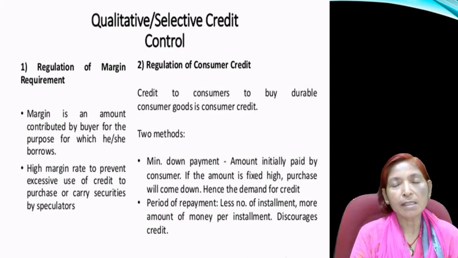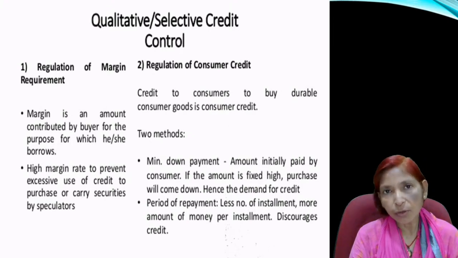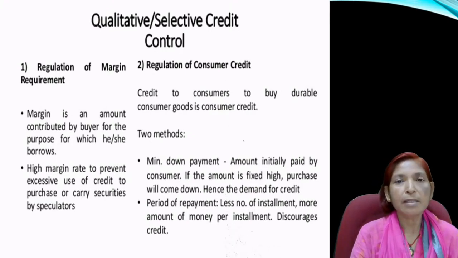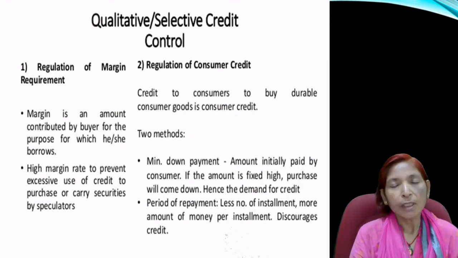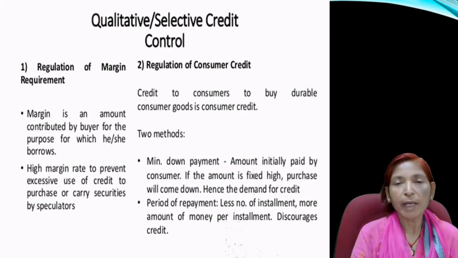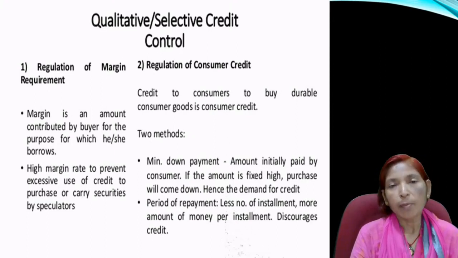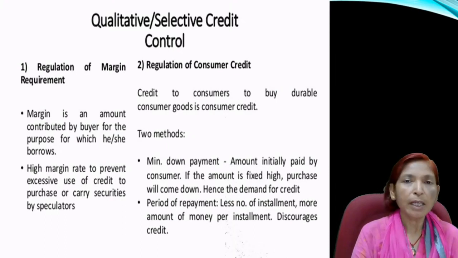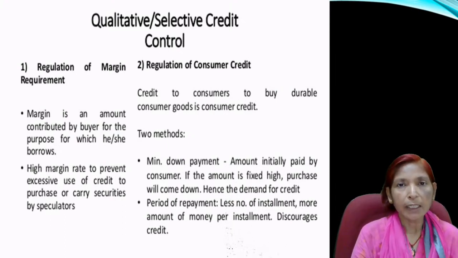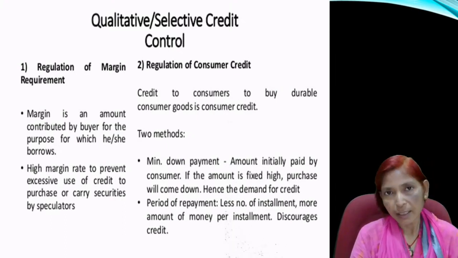You know that RBI is the apex institution of monetary authority, and all the commercial banks must follow the policy made by the Reserve Bank of India, the monetary policy and the instruments of monetary policy. If all commercial banks support RBI's policy, then RBI can work very smoothly and achieve all the set targets.